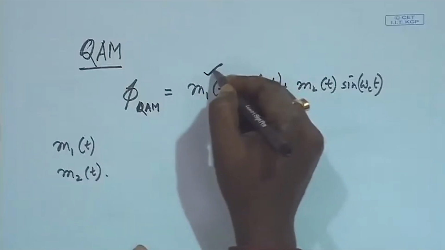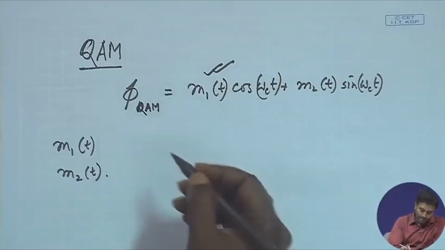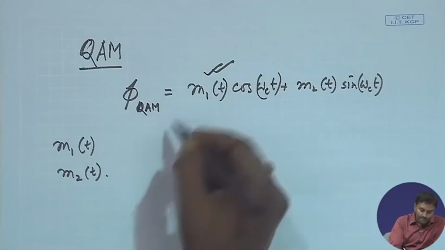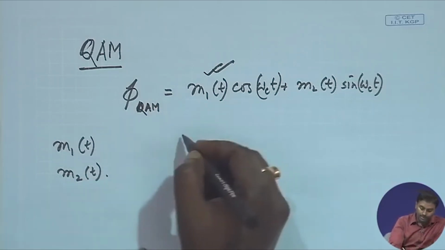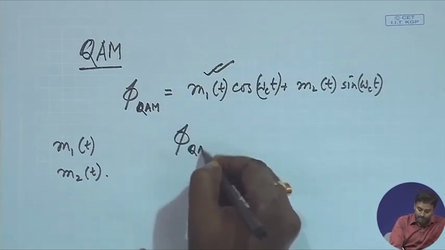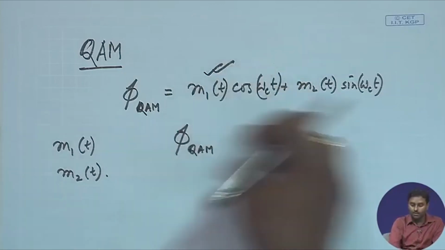Suppose I want to demodulate back m1(t), that is my target. So, I take this QAM signal, quadrature amplitude modulated signal, φQAM, and put a band pass filter around fc of 2B. So, I will be getting the entire composite signal.